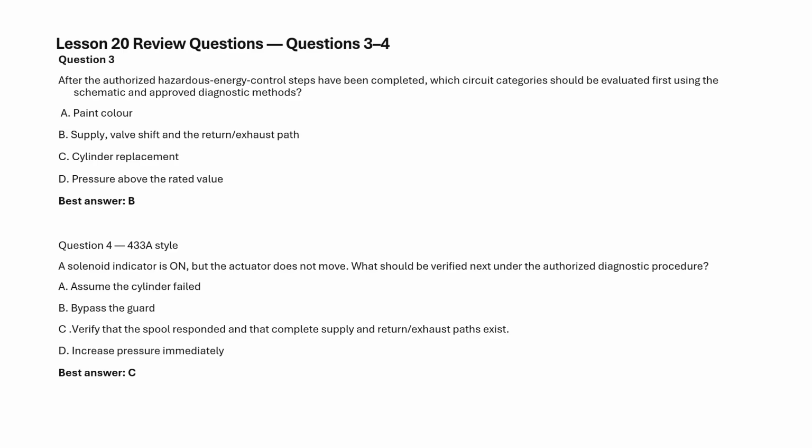B. Bypass the guard. C. Verify that the spool responded and that the complete supply and return or exhaust path existed. D. Increase pressure immediately. Best answer in my opinion, C.